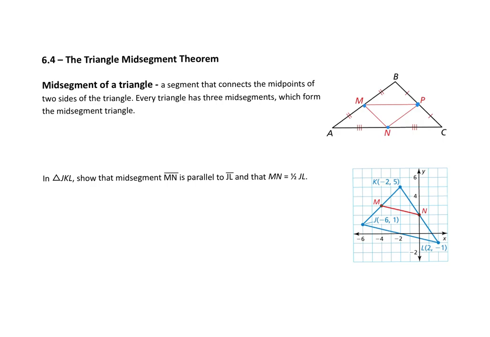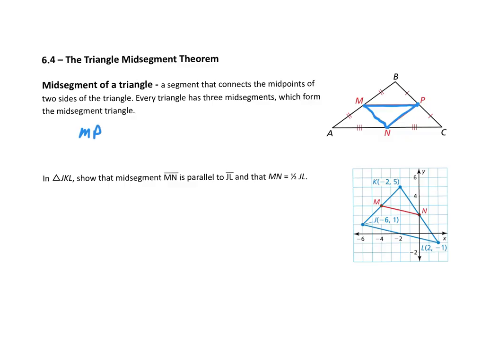If I connect those 3 points together, then that would give me the 3 mid-segments of this triangle. Okay, so a mid-segment is a segment that connects the midpoints of two sides of a triangle.